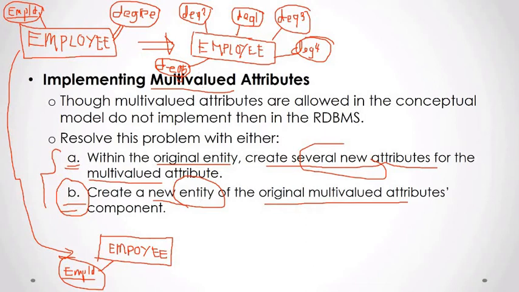Instead of creating 5 like this or 6 like that or 10 like that, we will make this attribute into an entity. So we will create here an entity. We will now call it degree. So this is now an entity.